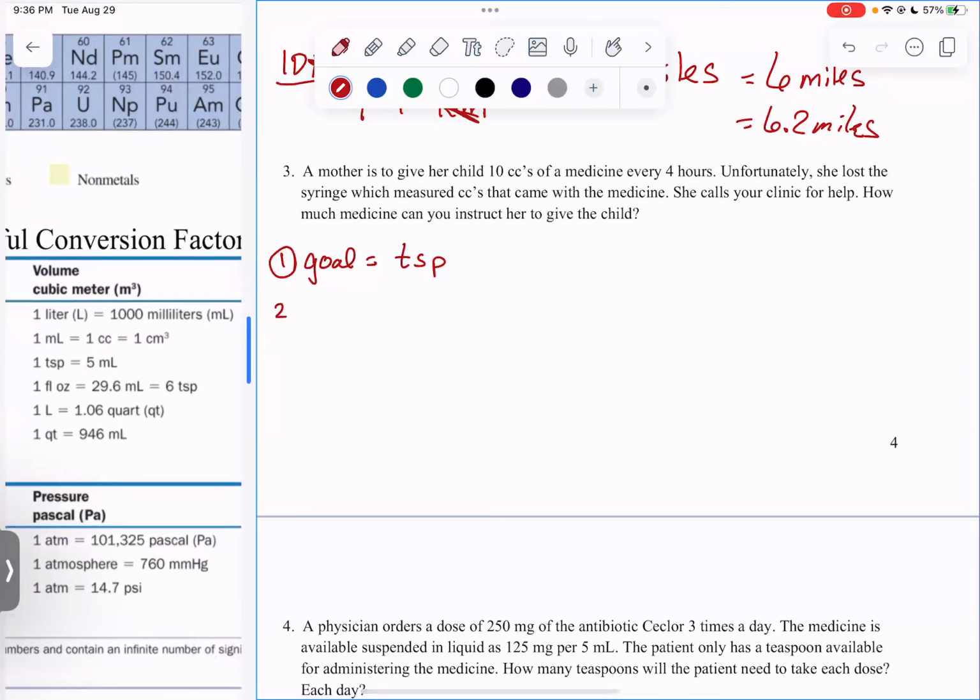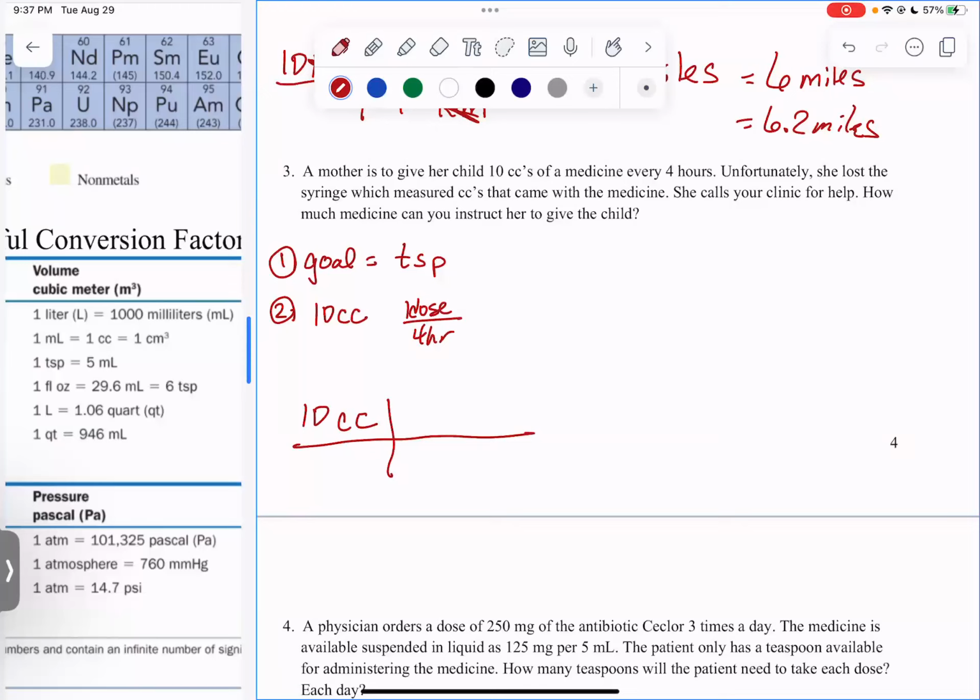What do we know? We know that she's starting with 10 cc's, and we know that she's going to give one dose every 4 hours. Okay. So what do we start with? We start with 10 cc's. Can I go straight from cc's to teaspoons?